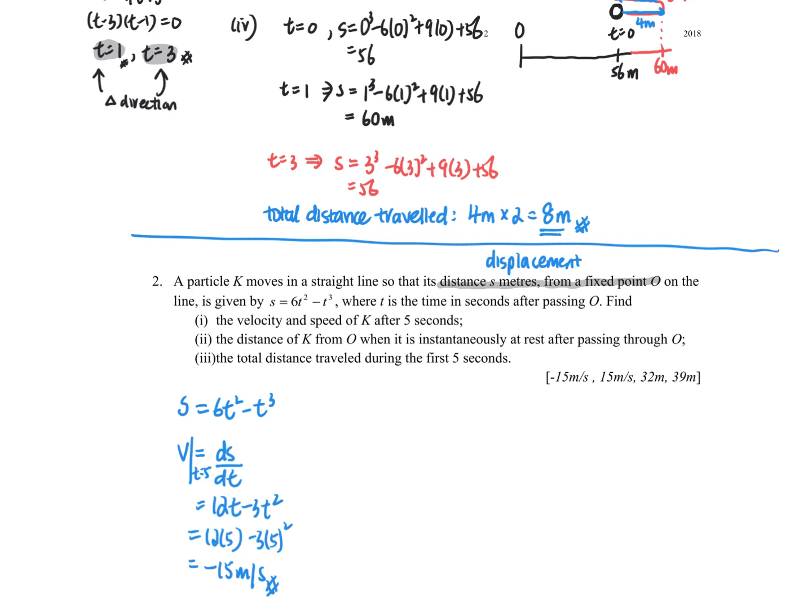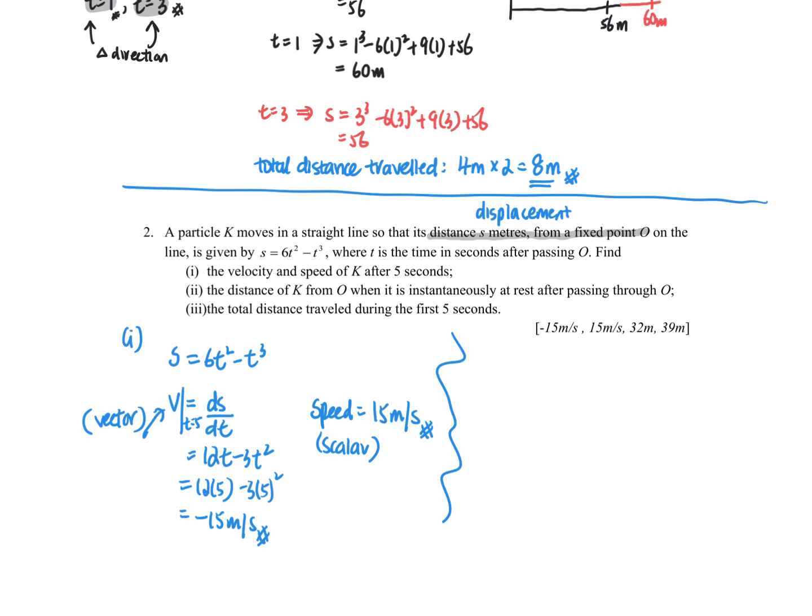Speed is a scalar quantity. Whatever you see there, drop the negative sign. So the speed is just 15 meters per second. So remember, it's scalar. There is no negative sign. This is the vector quantity. There is a direction. Okay, so this is part 1.